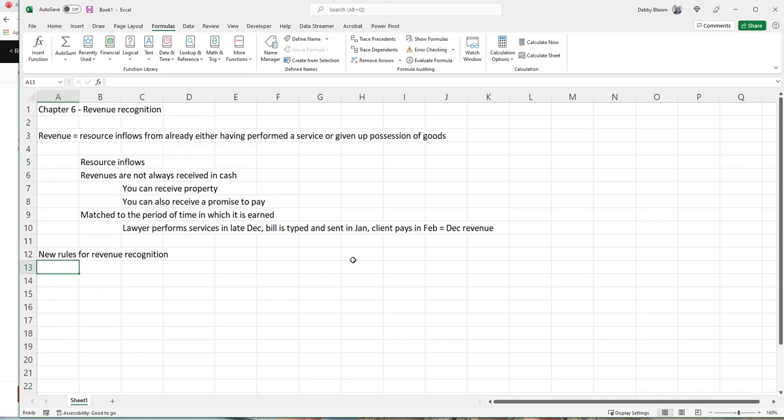They've only been out for about 4 or 5 years right now. And in fact, companies only have to follow them for about the last 2 or 3 years. But the new rules for revenue recognition relate to when you have separate and distinct products and services. So I'll try to explain that in a moment.